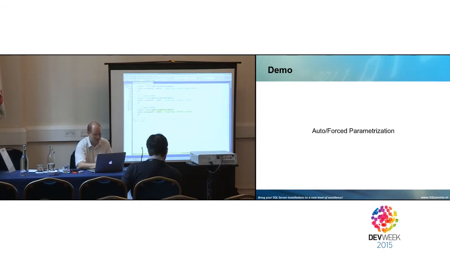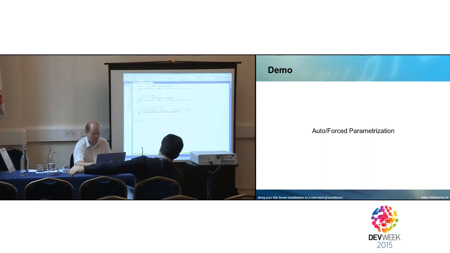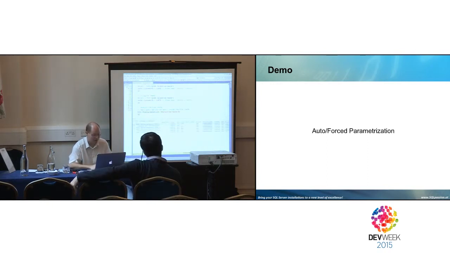Another input parameter value, also a very, very selective result. Again, we have our bookmark lookup. When we look to the plan cache, you can see we have those three unparameterized queries. So by default, when you have bookmark lookups, the auto-parameterization of that query isn't working because it's not safe.